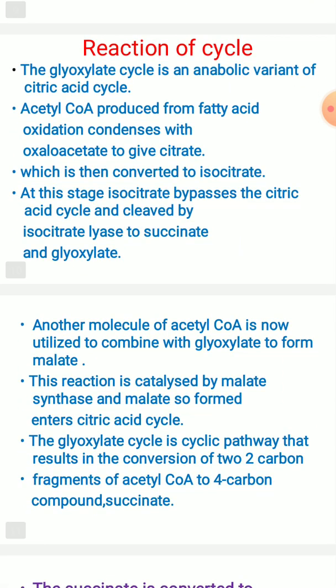Further, another molecule of acetyl-CoA is now going to be utilized to combine with the glyoxylate, which is formed from the cleavage of isocitrate, to form malate. This reaction is catalyzed by malate synthase, and the malate so formed enters into the citric acid cycle.